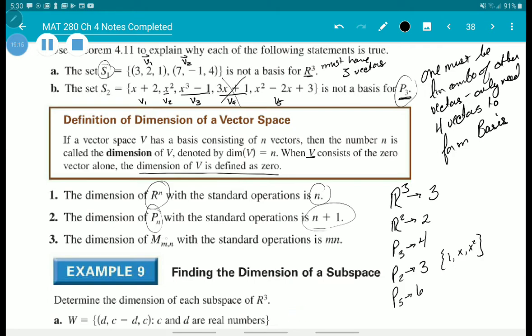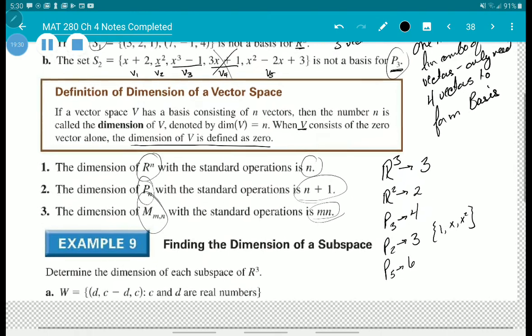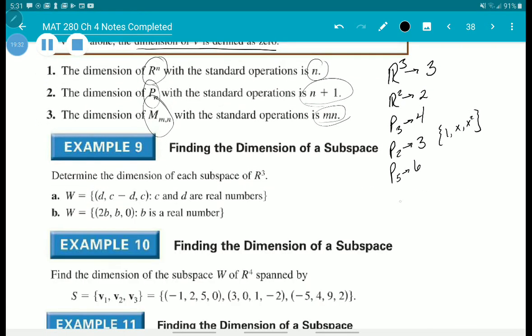When we talk about matrices, any matrix of dimensions m by n, then you have to have m times n vectors to form that basis. So M22 is one we talked about before. You have to have 4.